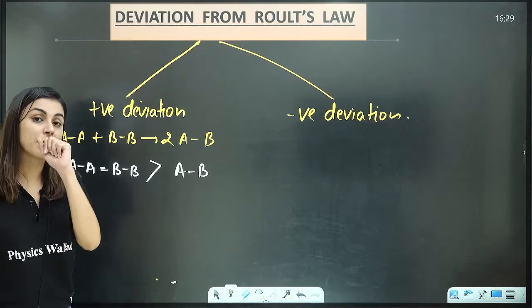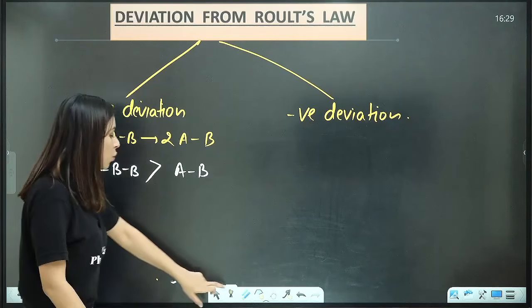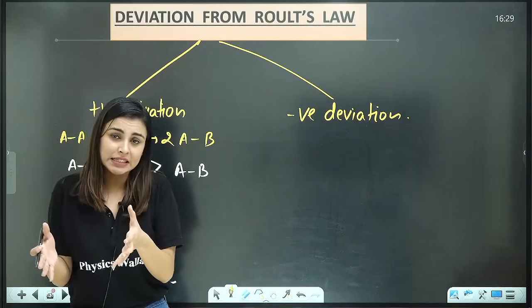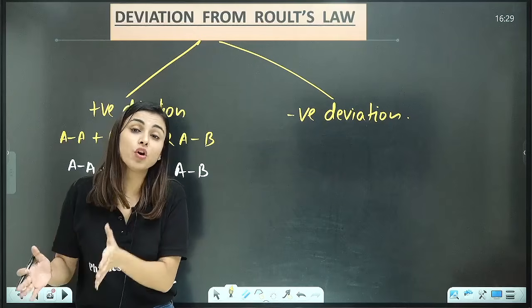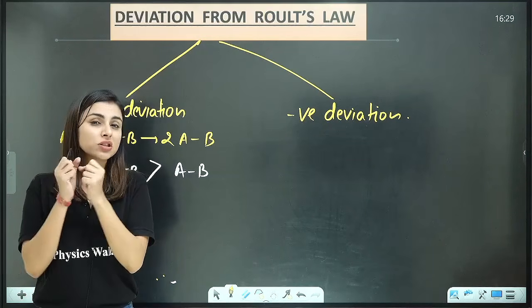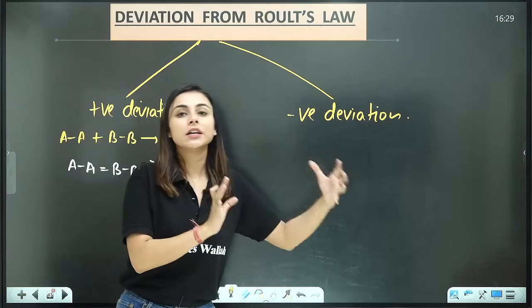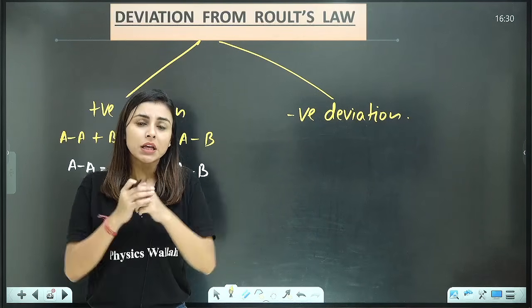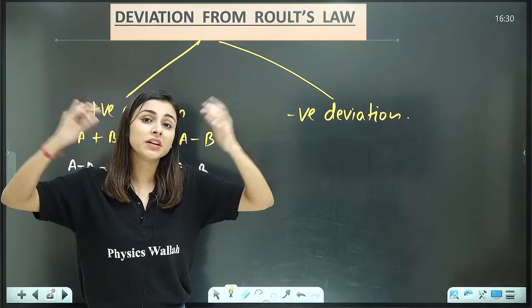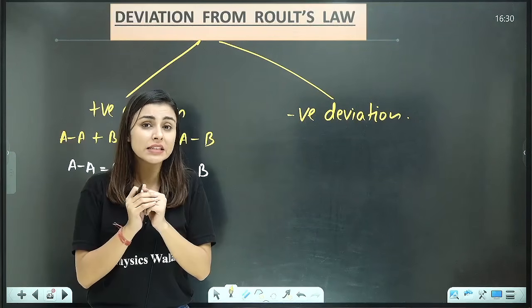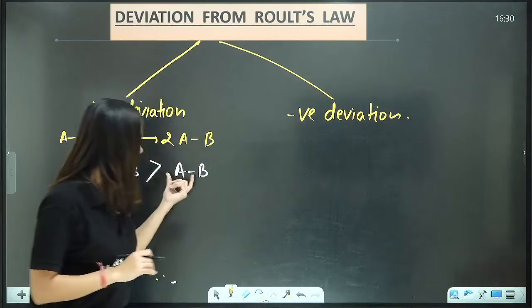Now imagine what will happen. If before mixing your interactions were stronger and later your interactions became weaker, what will happen? The particles have more possibility of going outside. Yes, they will have more pressure. They can easily go out because the interactions are weak.